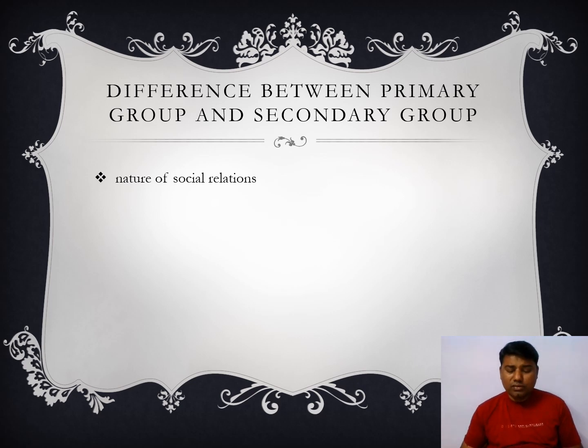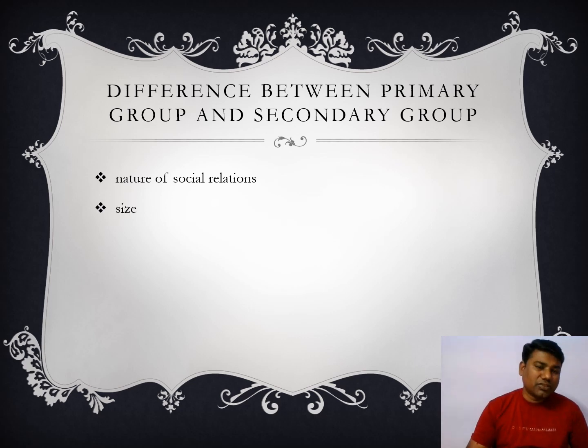The social relations in primary group are face-to-face, direct, intimate, personal, whereas in secondary group it is indirect, impersonal, non-intimate, and the members do not meet frequently.